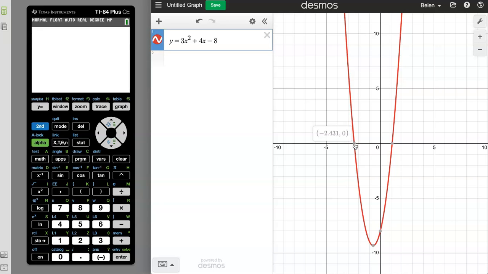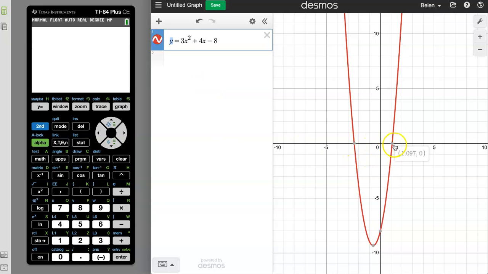Those are the values of x that if I were to take this value right here, negative 2.431, if I were to take that x value and plug it into my equation, I would end up with a true statement. Same thing would happen if I used this x value. So in a quadratic, we always have two, well, not always, but usually we have two x values that will actually solve this equation. Now remember that y would have to be 0 when we're actually solving this.